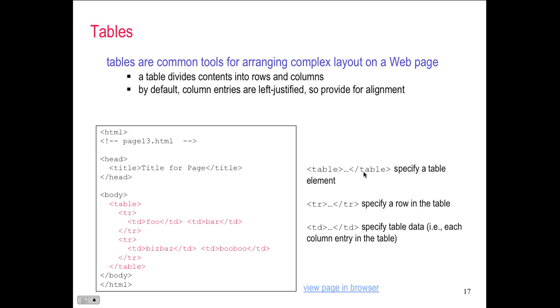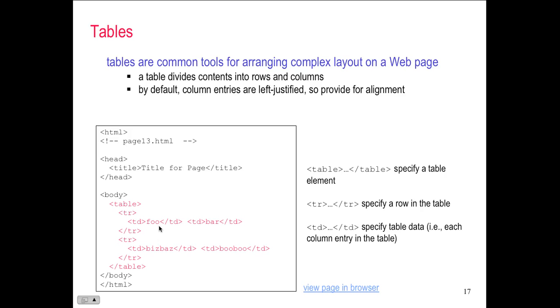So the table starts with an open and closing table tag, as you might guess. The TR stands for table row, and then we have TD for table data that shows up inside of the table row. So we define the rows, and then we define the data inside of the rows, or the columns. So specify a row in a table, so you can actually nest them inside as well, inside of the same table. So it's very flexible.